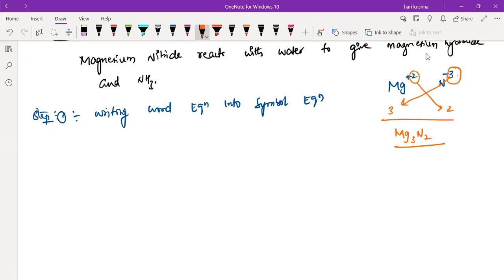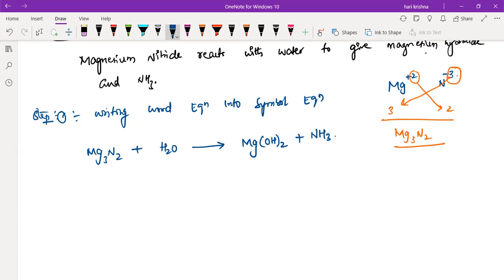So this is the magnesium nitride formula, Mg3N2, plus water, which you know already, H2O, gives magnesium hydroxide. What is the formula? Mg(OH)2, magnesium hydroxide, plus ammonia.